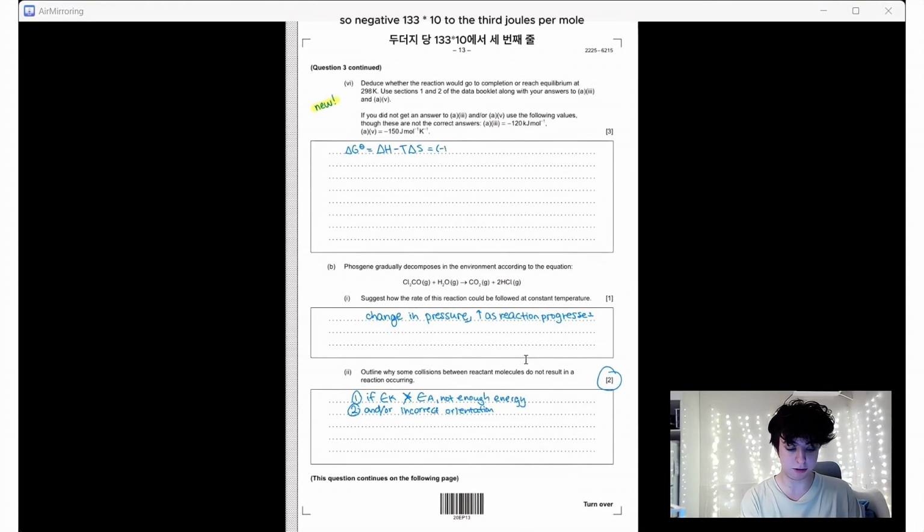So negative 133 times 10 to the third joules per mole, minus our temperature, which it says is 298K, so we're going to put 298. Then we had our entropy from the other page as being negative 137 joules per mole per Kelvin.